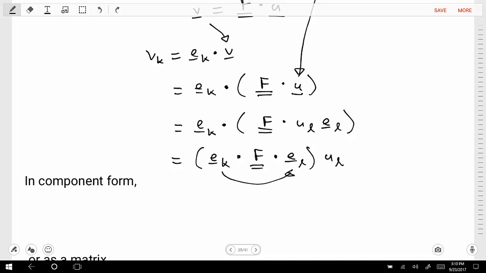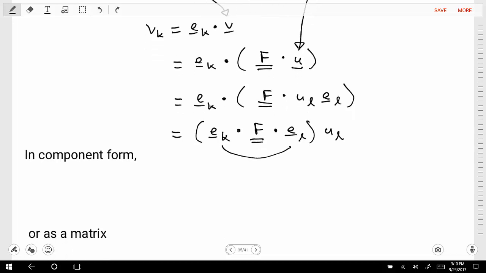Now with this knowledge, and also our knowledge concerning what happens when we do the dot product of two base vectors, we can find this relationship in terms of the components, where our vk is equal to Fkl, the components of F, times our ul here.